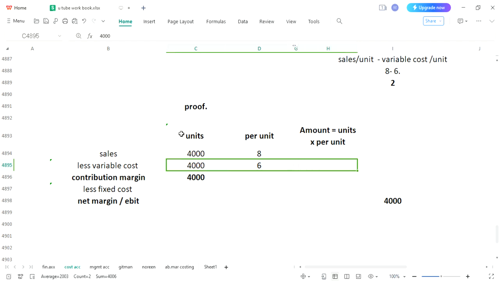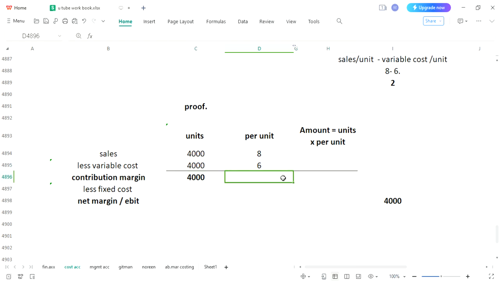At this stage, you can calculate your contribution margin per unit, which is the difference between your variable cost and sales. Variable cost 6, sale was 8. The difference between these two would be your contribution margin. Over here, you will now be able to calculate your amounts by multiplying units into per unit. Units 4,000, which were calculated, per unit sale price is 8.